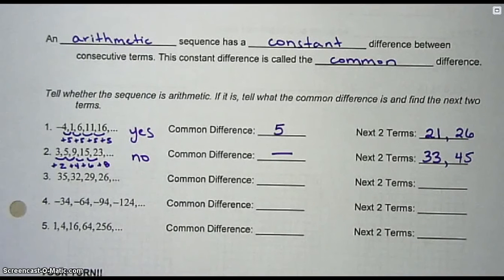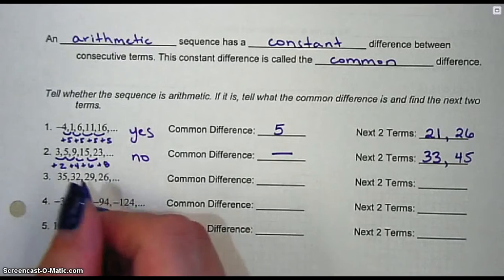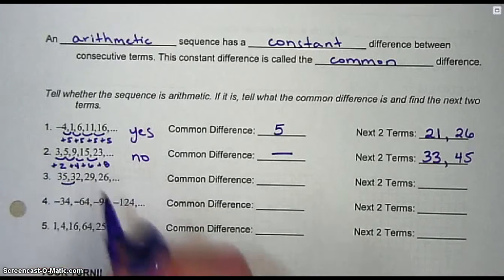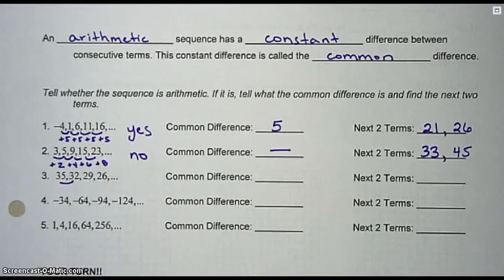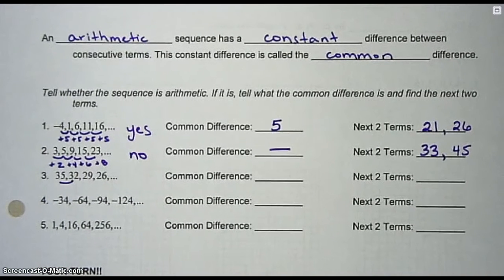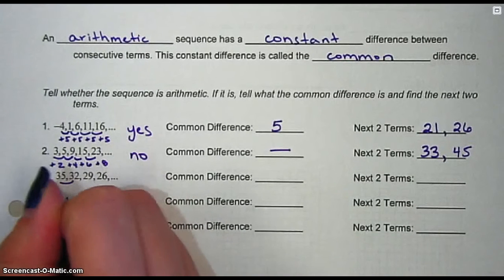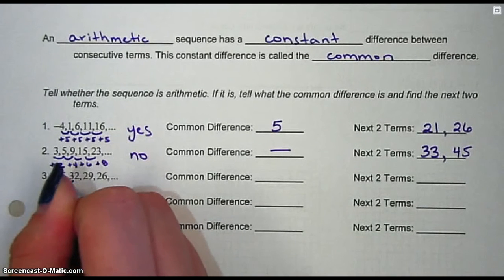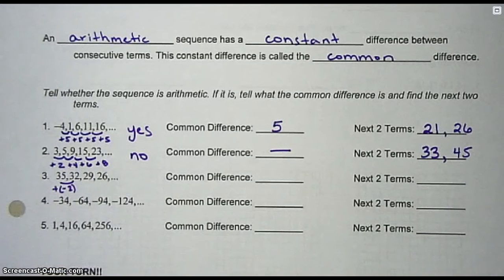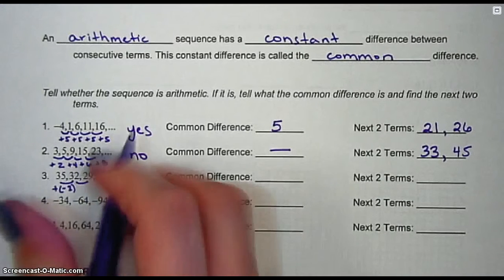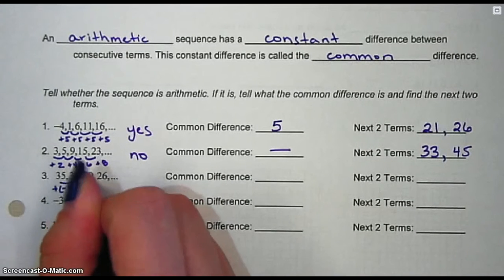Go ahead, let's try number 3. On this one, notice we're taking away 3. Well, subtraction is the same thing as addition, it's just adding the opposite. So instead of saying -3, I'm going to say I'm adding -3. From 32 to 29, I'm adding -3.